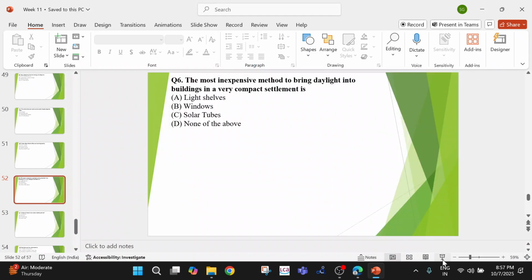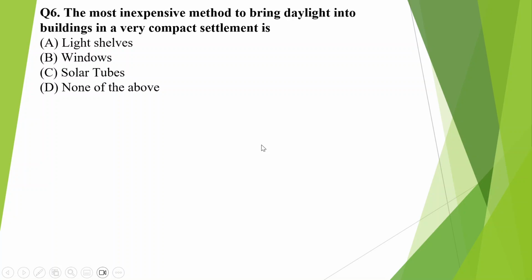But the correct answer considered in the previous year assignment was option C, not B. How and why? You are going for the inexpensive method, but the question also asks about the function it should perform: it should bring daylight into the building in a very compact settlement.